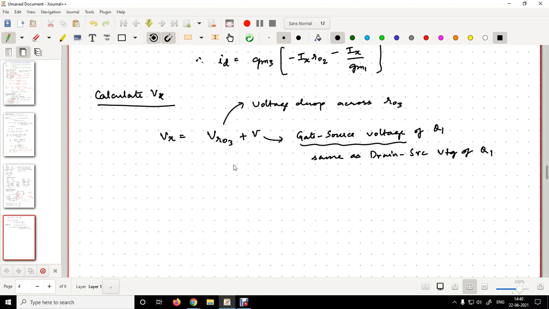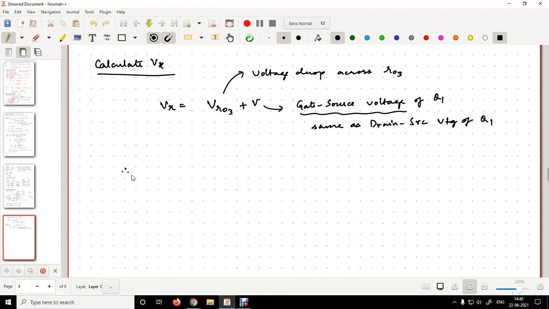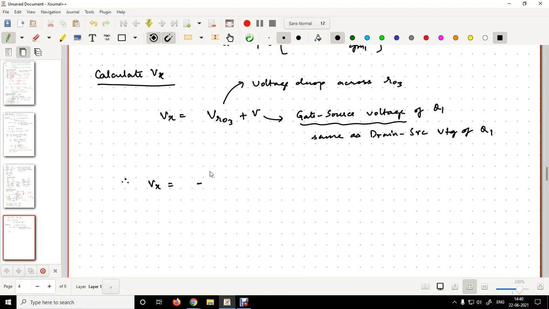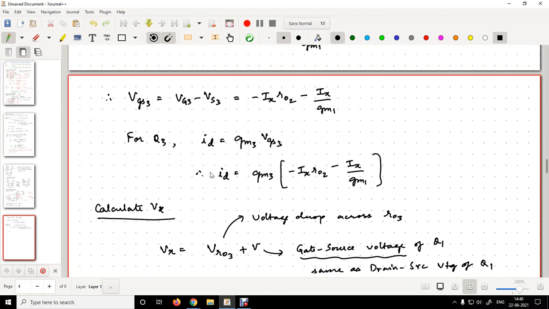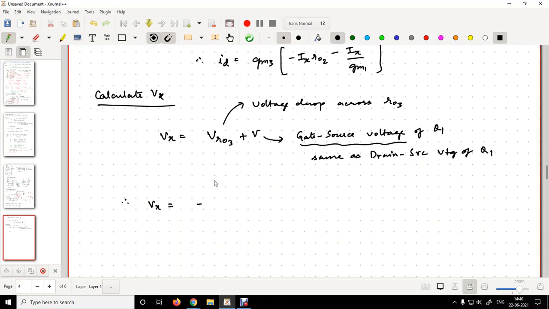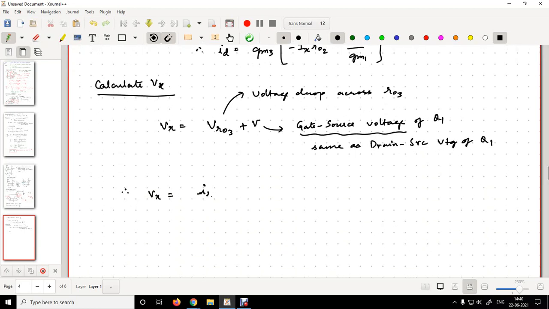So substitute all the values. Therefore Vx is minus, what was IR03? I'll write IR03 into R03 plus V. V was Ix by Gm1.